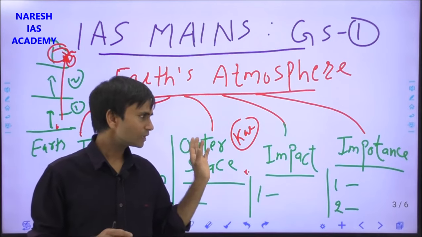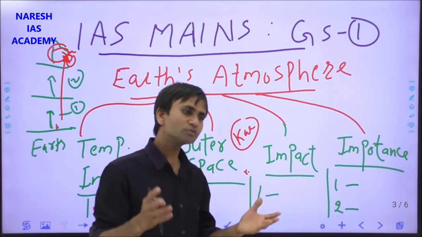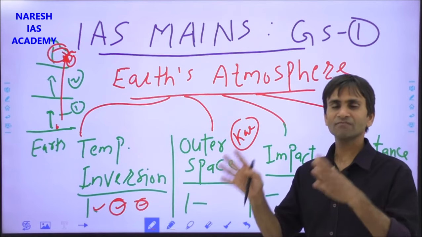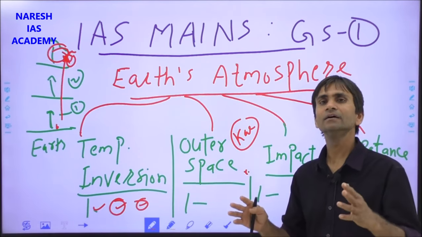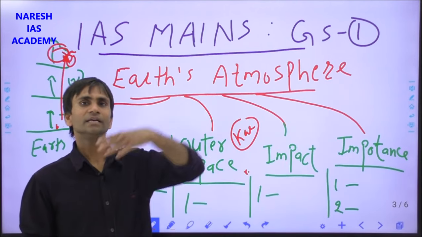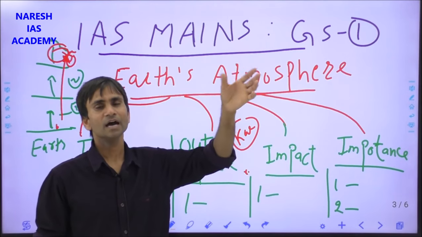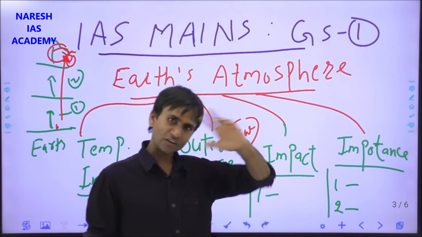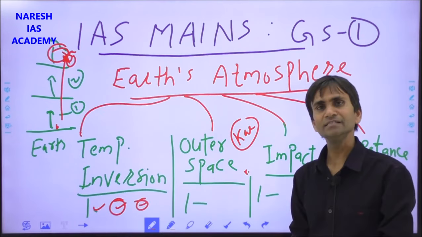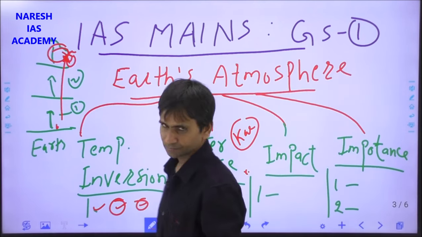Also, due to human activities, the problem of acid rain has increased. Sulfur dioxide and nitrous oxide are emitted from the earth, then they react with the water in the atmosphere, resulting in sulfuric acid and nitric acid, which come down with the rains and affect human life, animals and plants.